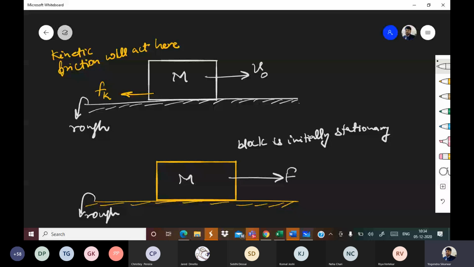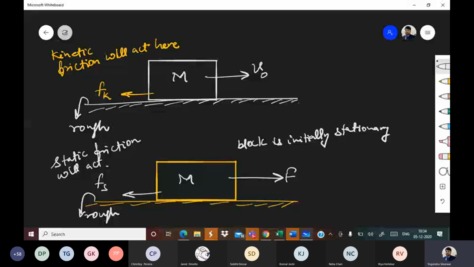Then what will happen? Friction will act, and friction in this case will be Fs, Fs for static. So here static friction will act. This is very important to understand.